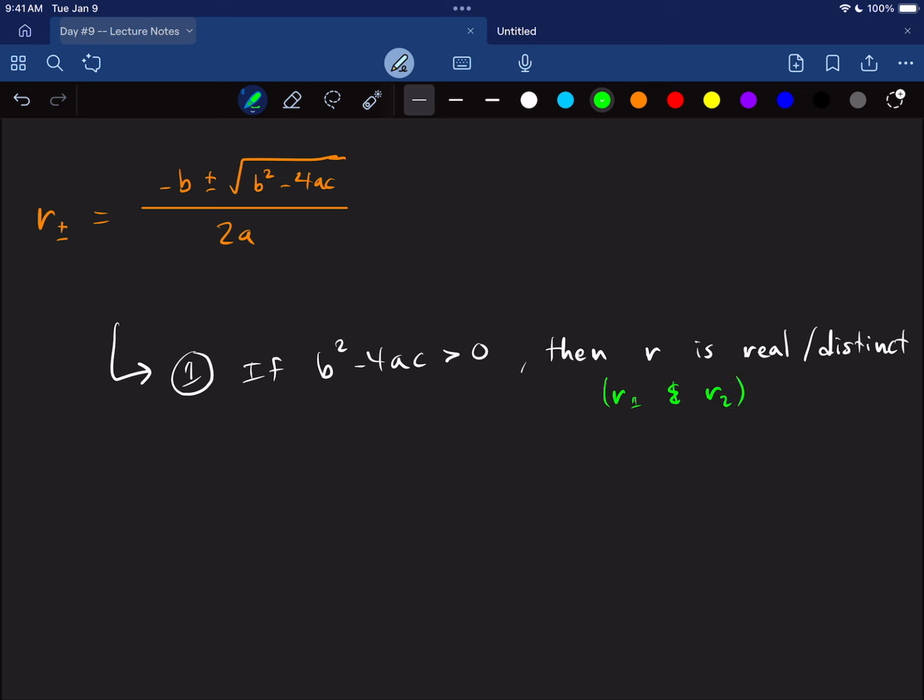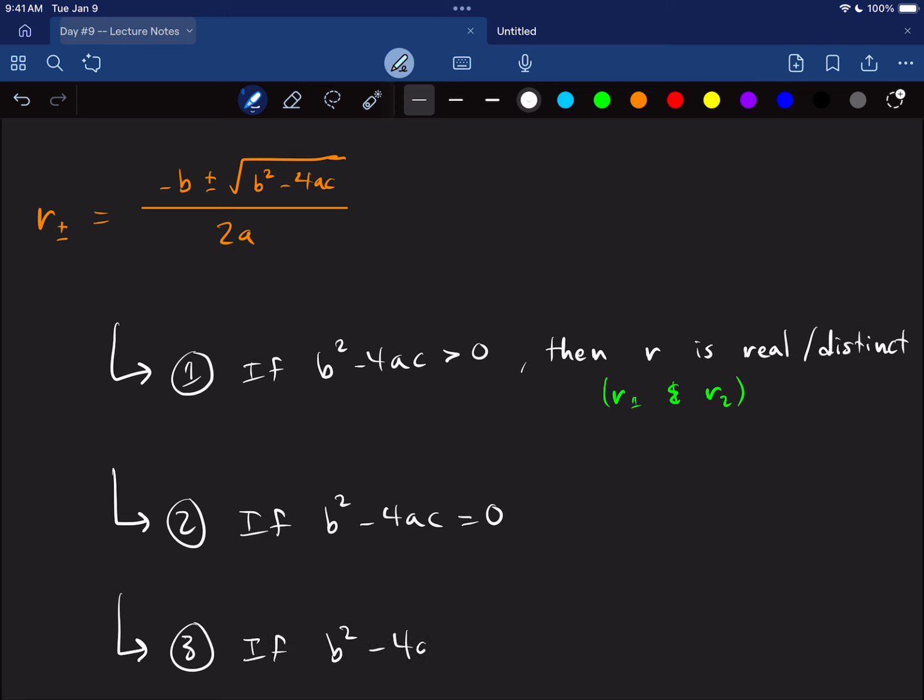But what the heck happens if b squared minus 4ac is equal to 0? What the heck happens if b squared minus 4ac is negative? These are obviously very simple algebra ideas, quadratic formula, but I want to write them out.